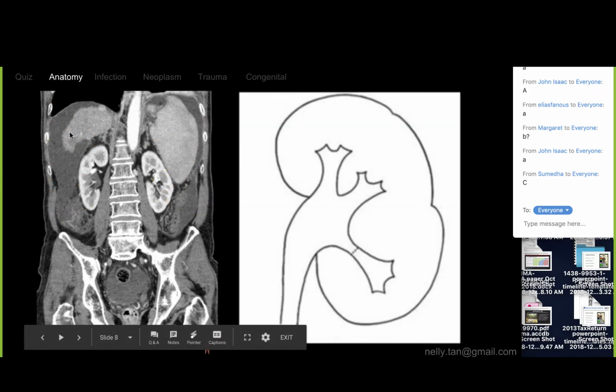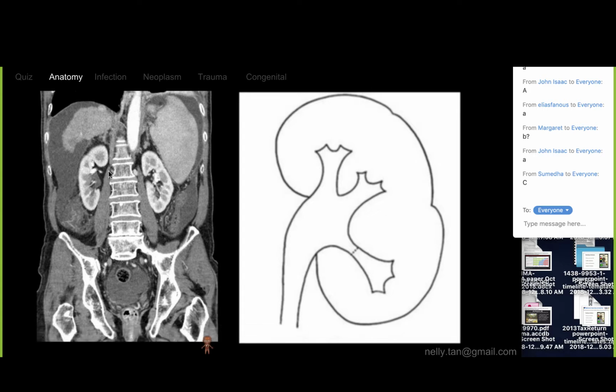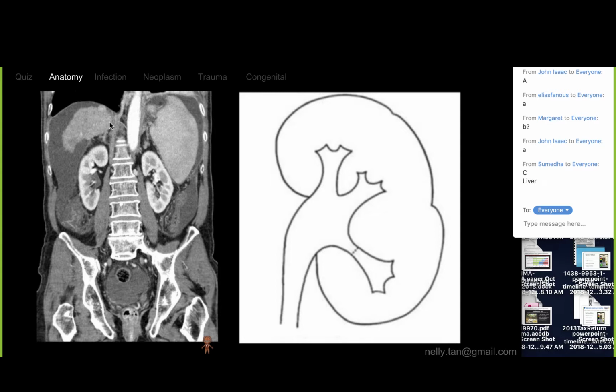So this is a coronal image of the abdomen and pelvis. So what is this organ here? So it's the liver. Good. The liver itself is abnormal. It's actually nodular, and then the spleen is huge, splenomegaly, and there's free fluid.